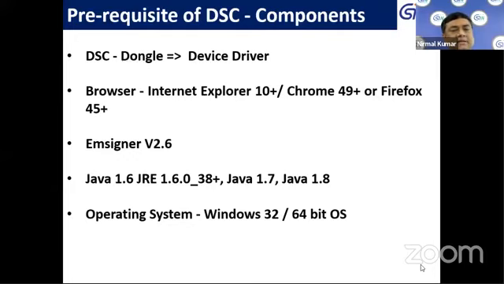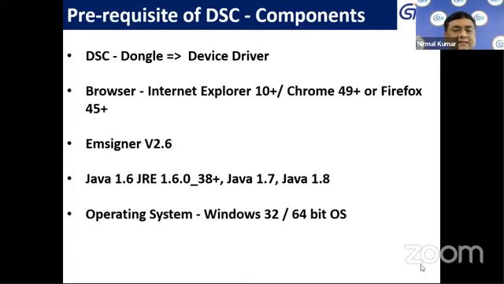Now you also need a browser so that you can sign the application. You also need to download the emsigner, the current version 2.6 that we are using on the portal. You have to download it from the GST common portal and install it on the laptop or the desktop on which you have to sign.